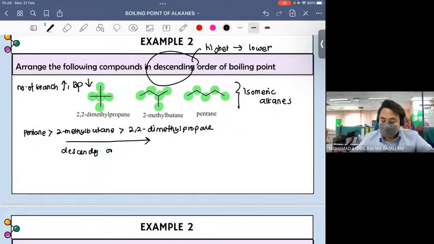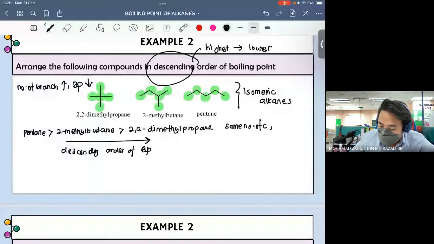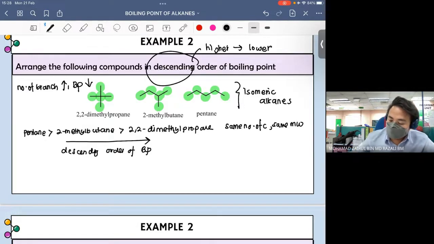So now kita macam saya kata tadi, kita nak explain, kita kena start dengan similarity je. So similarity dia, these 3 compound, the similarity that they have is they have the same number of carbon. Same number of carbon mean they have the same molecular weight. Itu similarity dia. Okay, so sekarang kita tengok dia punya differences.